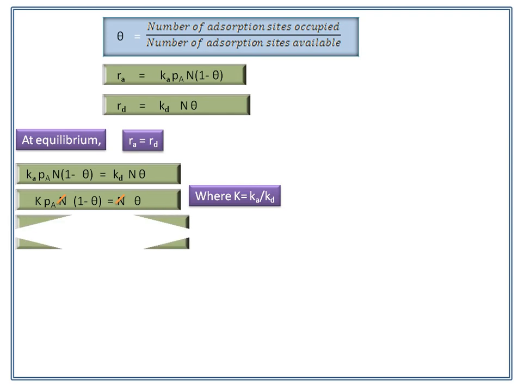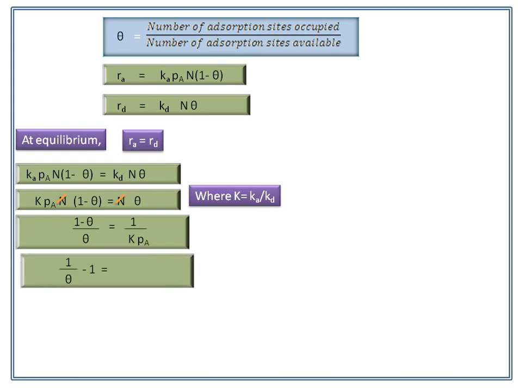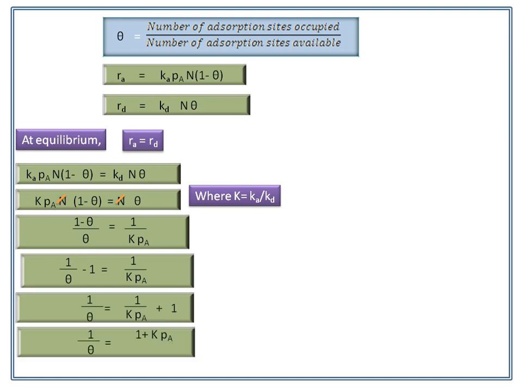Now we have the new equation: 1 minus theta divided by theta is equal to 1 by KPa. By rearranging this equation, we get at last theta is equal to KPa divided by 1 plus KPa. This is called the Langmuir adsorption isotherm.